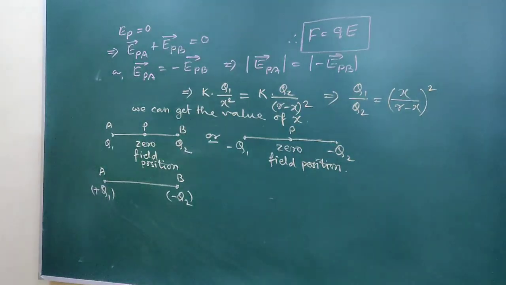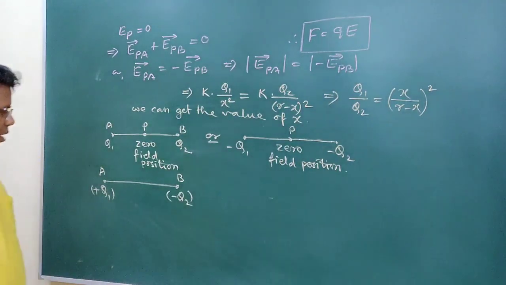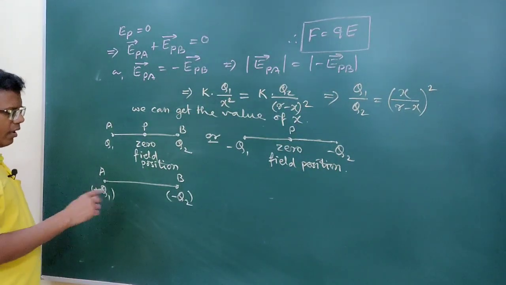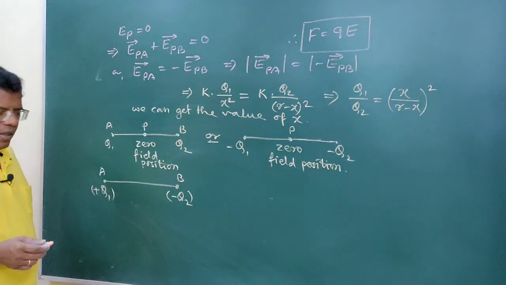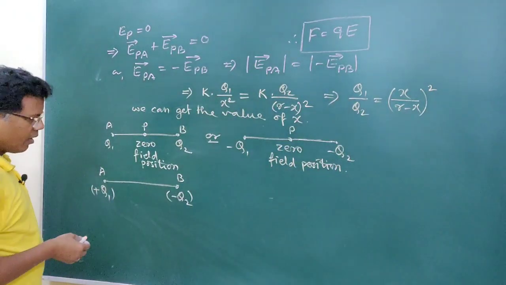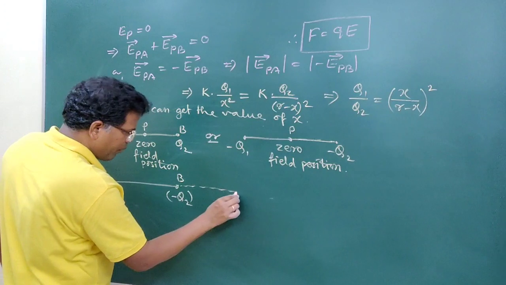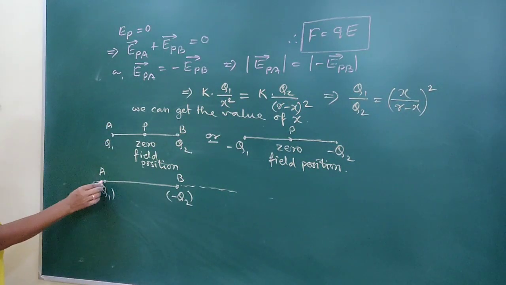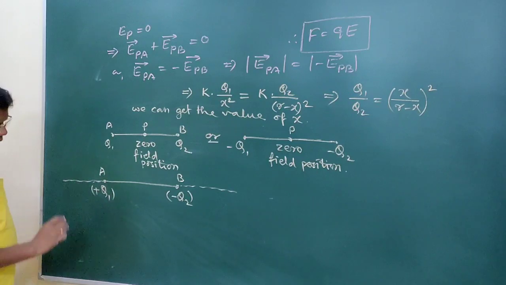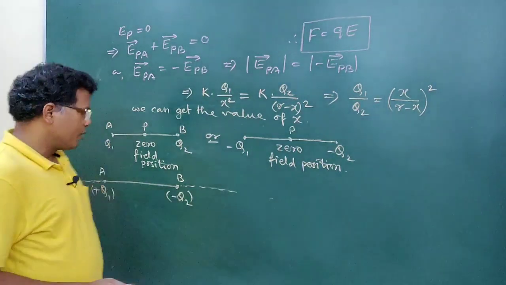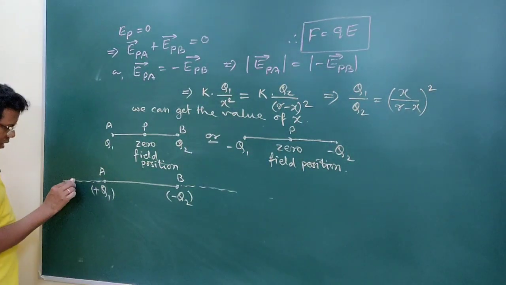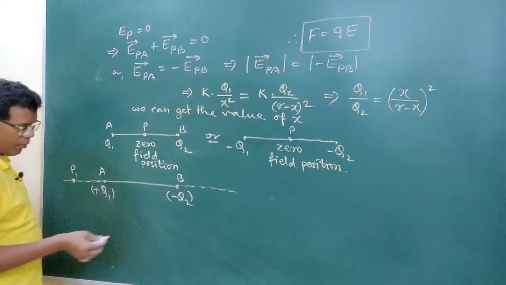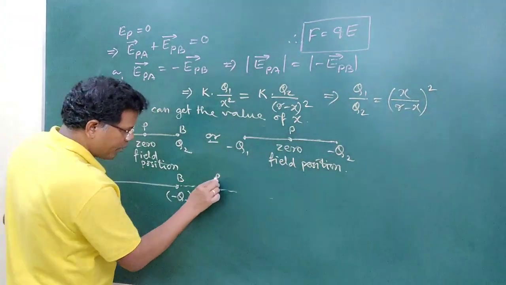Then the zero electric field position can never appear in between them along their line joining. The zero electric field position should always be along the line joining but away from them. So the zero electric field position can be either at P1 or at P2.